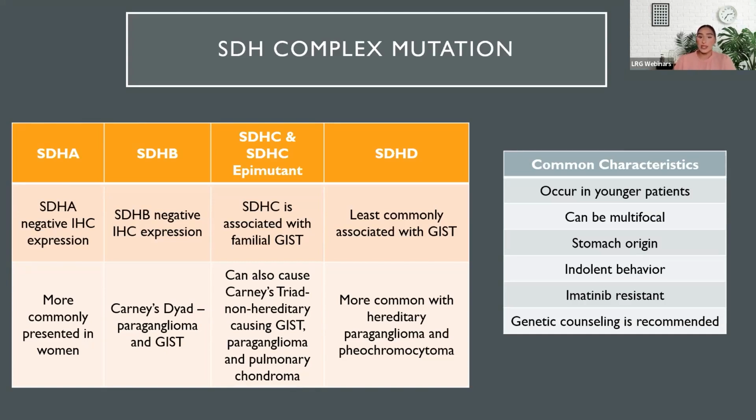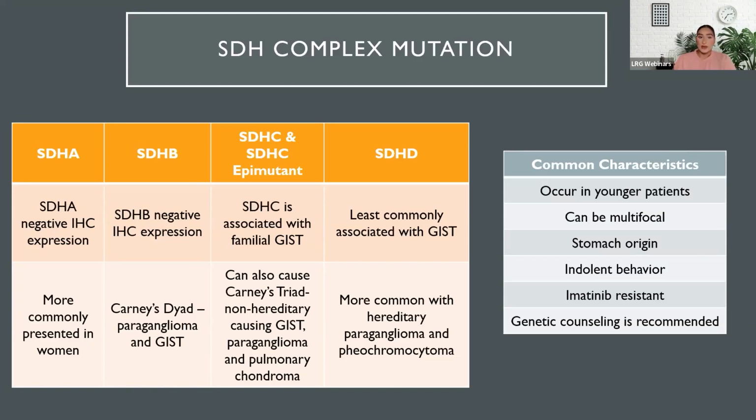For SDHC and SDHC epimutant, this SDHC is often associated with familial GIST. And then this can also cause Carney triad, which is a non-hereditary condition causing GIST as well as paraganglioma and a pulmonary chondroma.